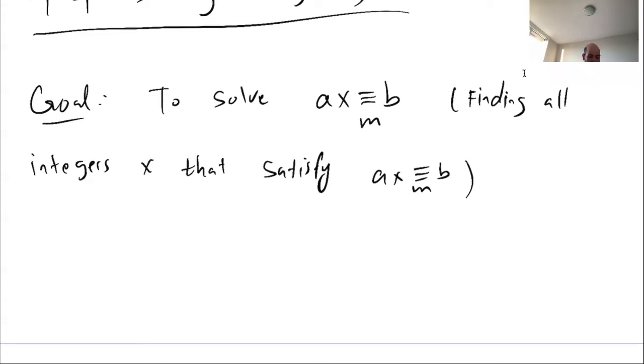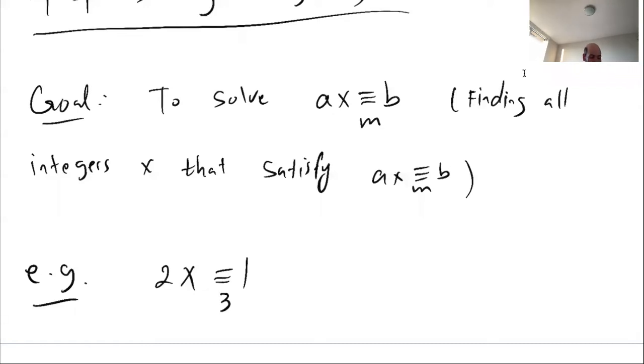So before giving a recipe about how to solve a given congruence, let me give you a simple example. For example, let's say you want 2X congruent 1 mod 3. So what is the solution for this?